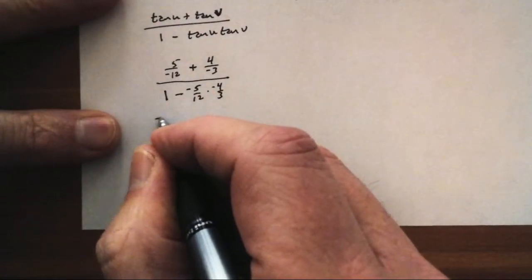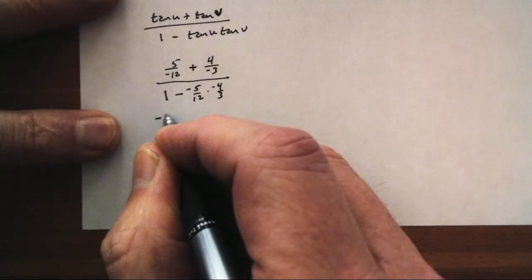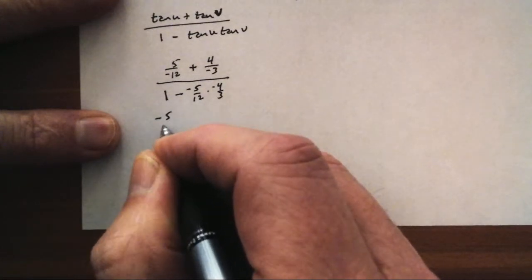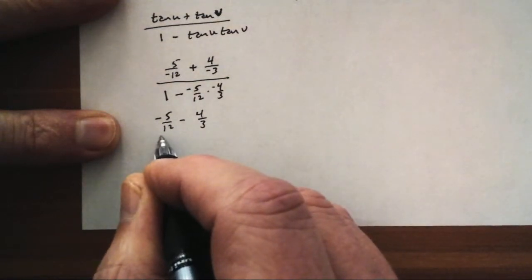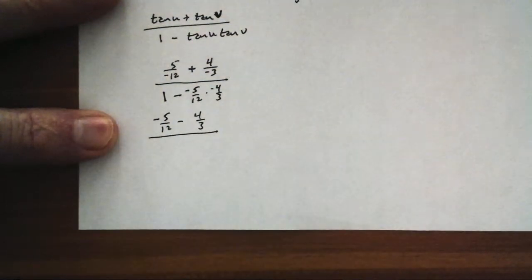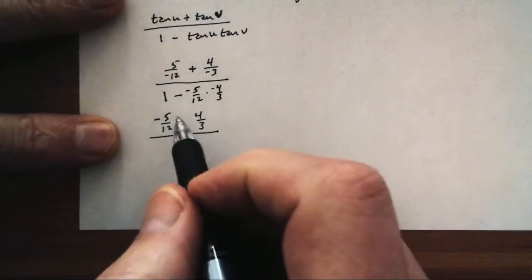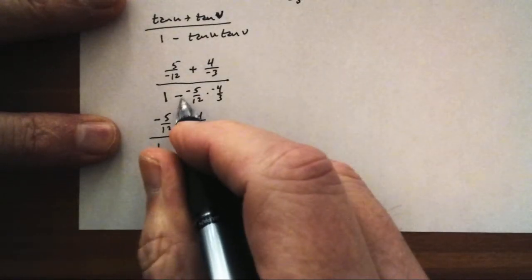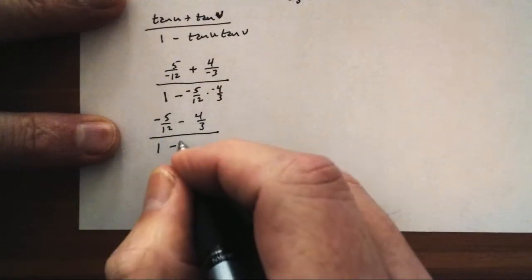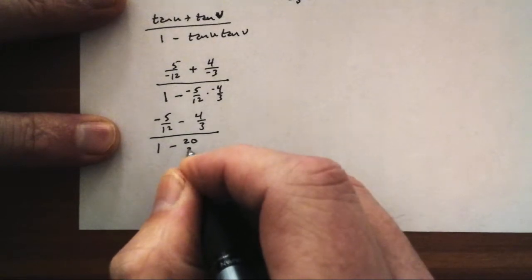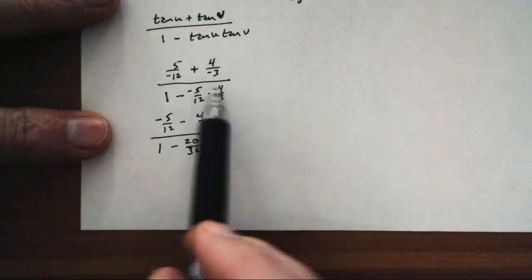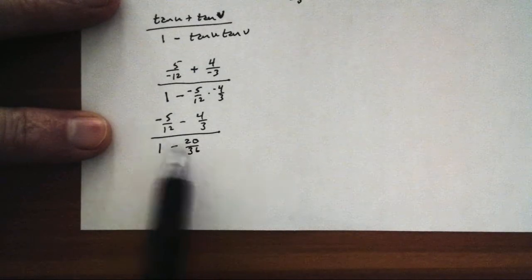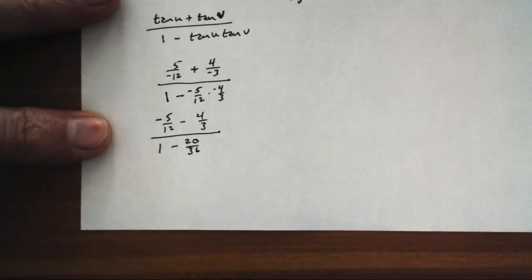Let's see, I get negative 5/12 minus 4/3 all on 1 minus minus minus, that's minus 20/36. And I know I could get common denominators, smash this, flip and multiply.